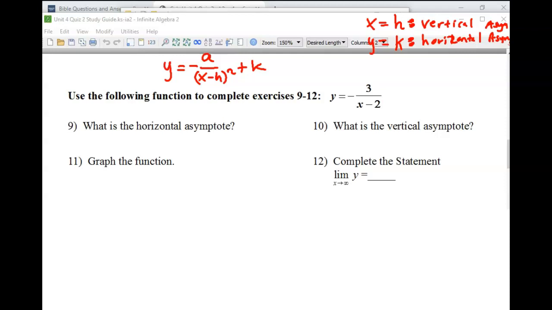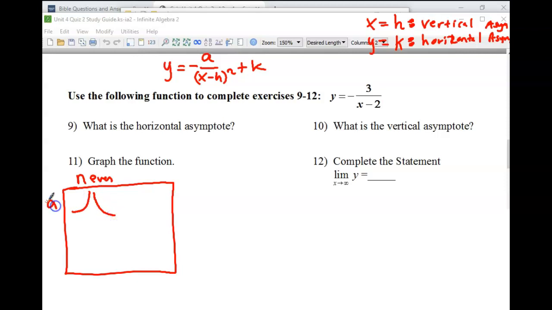We also talked about how this sign and this power work together to tell us the shape. So if n is an even power, then it either goes up when a is positive, or it goes down when a is negative.